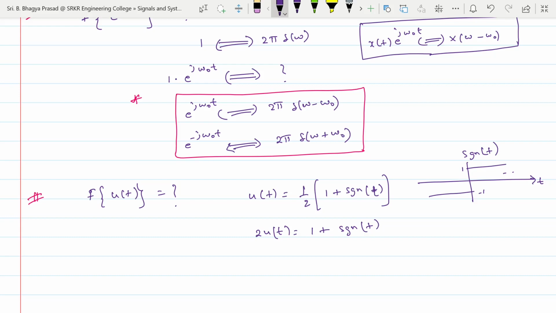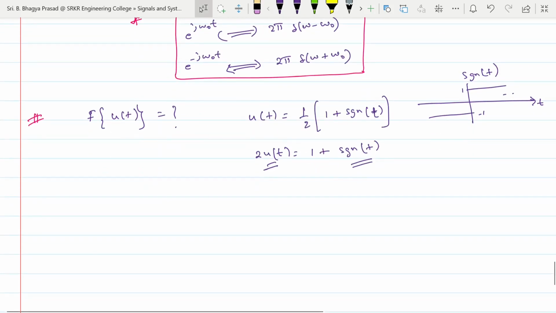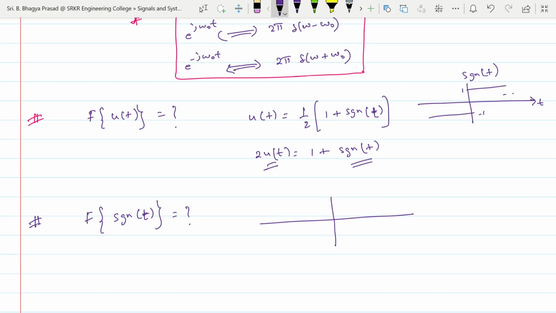So to find the Fourier transform of u(t), you can take the help of the Fourier transform of the signum function. So let us see the Fourier transform of sgn(t). I use here another property, the differentiation property.